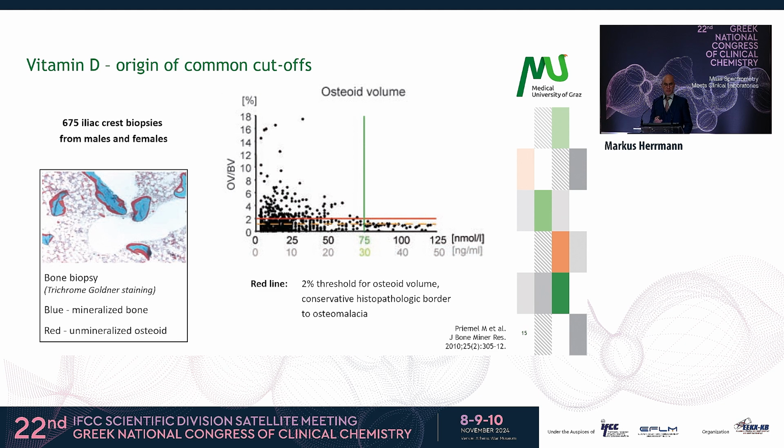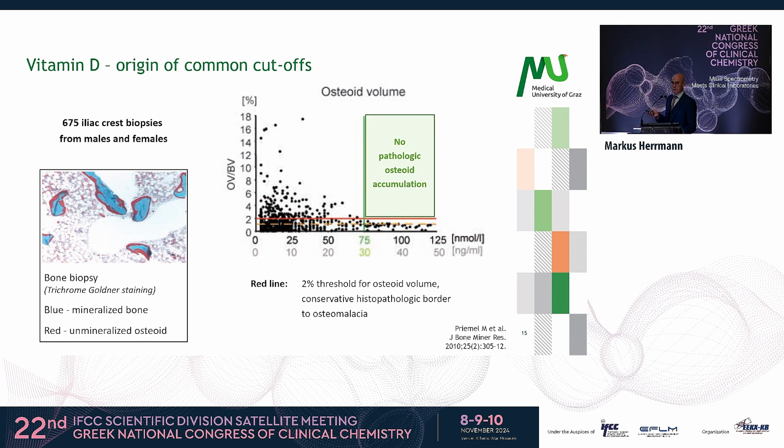Priemel and colleagues analyzed bone calcification histomorphometrically in iliac crest biopsies from 675 donors. More than 2% of unmineralized osteoid, shown here in red and represented by the red horizontal line here, indicates osteomalacia, and this is a conservative cutoff.